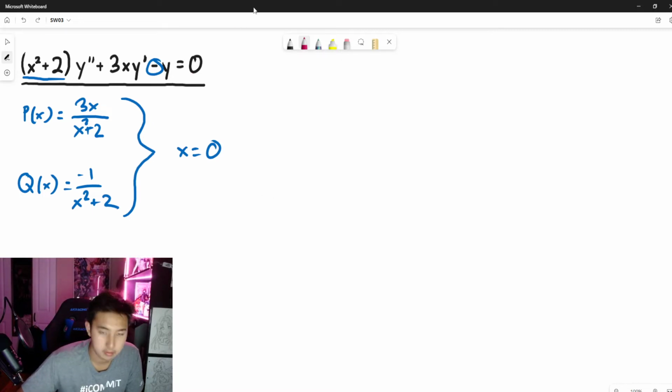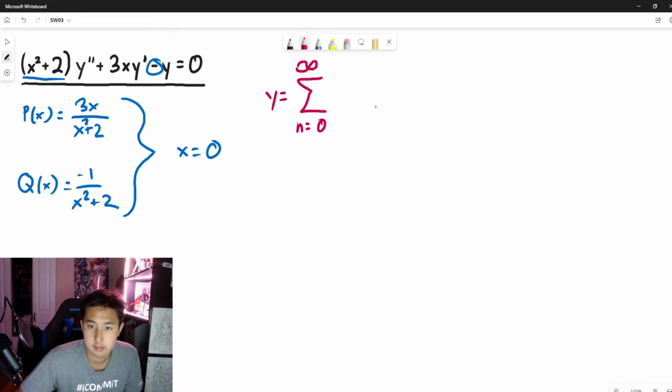So y equals the sum of n from 0 to infinity of c of n times x to the power of n. This is the power series.